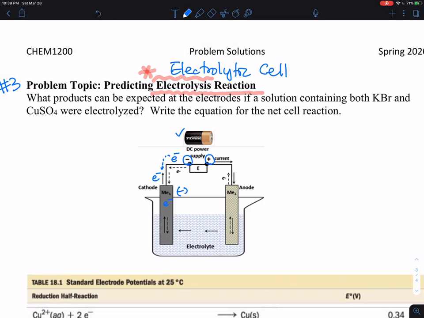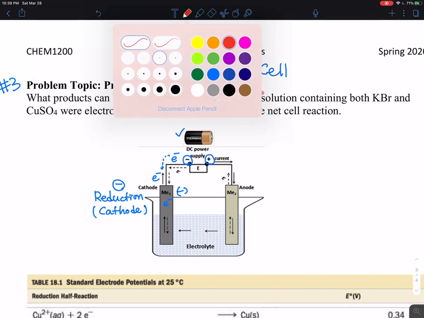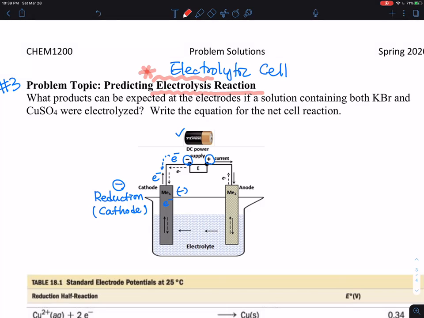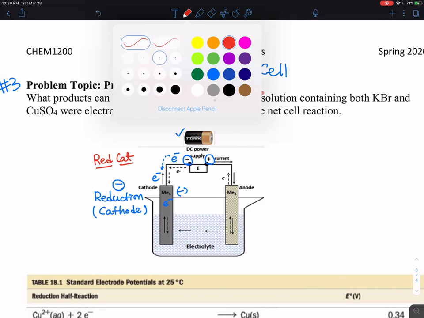And that's where the reduction happens, at the cathode, in the electrolytic cell, and that's the negative terminal. Probably many of you have heard about this trick, red cat: reduction is happening at the cathode.